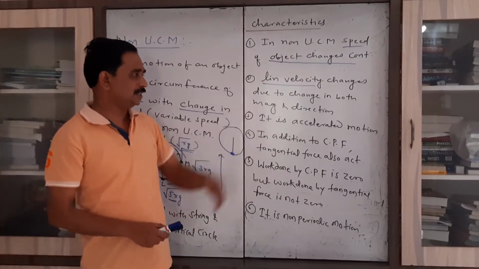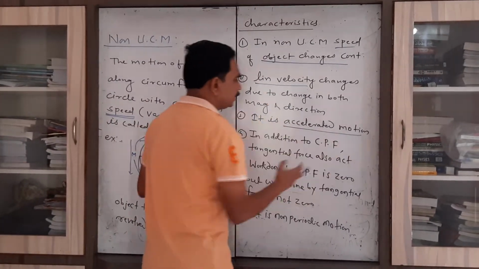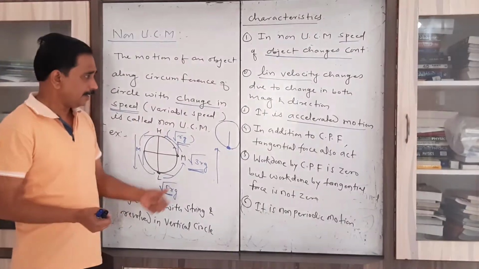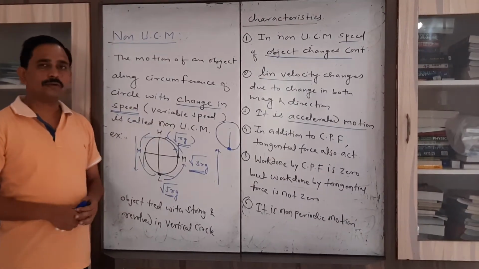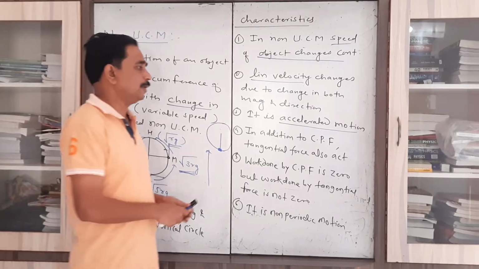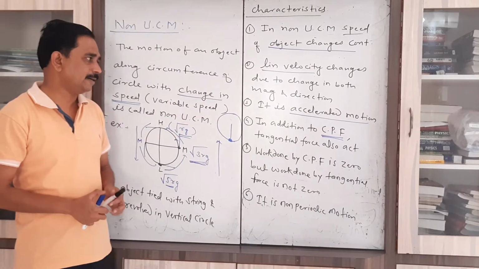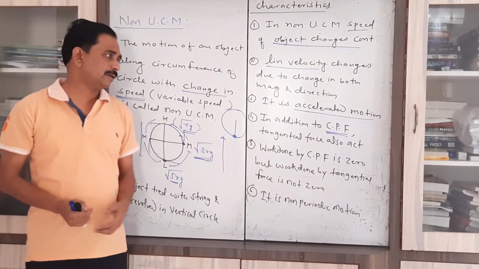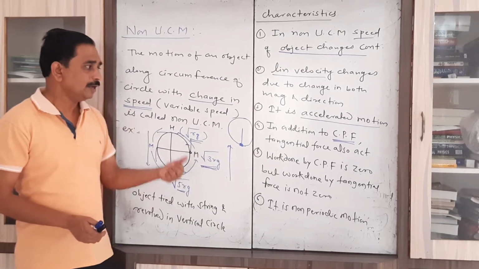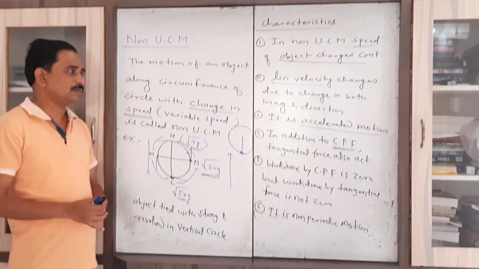Now as there is a change in velocity, this motion is also considered an accelerated motion. In non-uniform circular motion, in addition to centripetal force, which we will explain in the next part, a tangential force also acts on the body performing this motion.